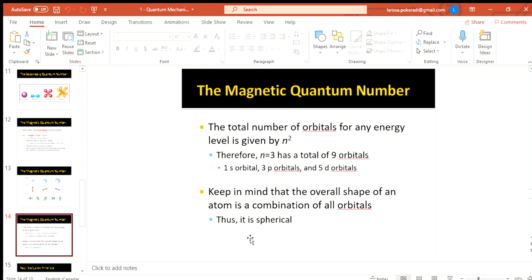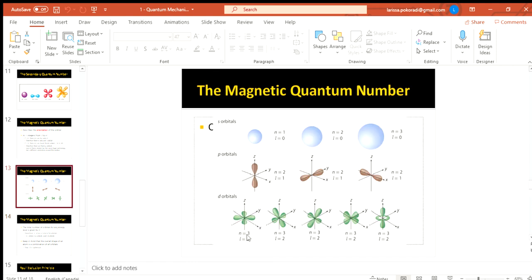As we get into larger elements and larger atoms with more electrons, we're going to have a lot more storage space for more electrons, because once we get d's into our atoms, each one of these orientations can hold 2 electrons. So if we have a set of 3d orbitals, we can hold 10 electrons in this.